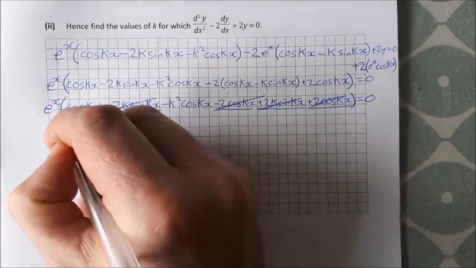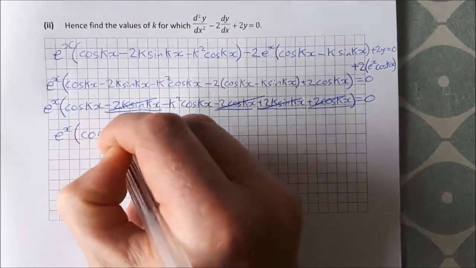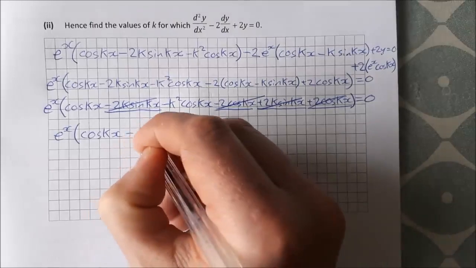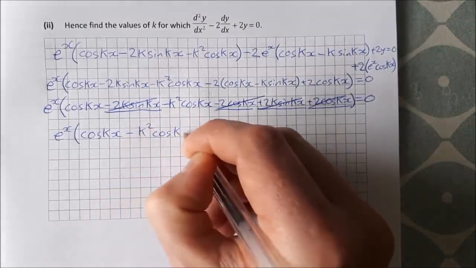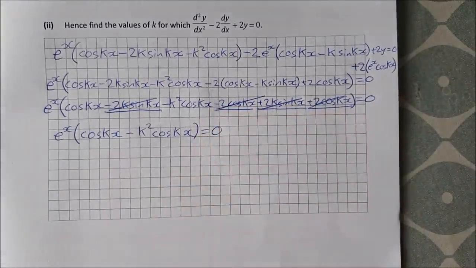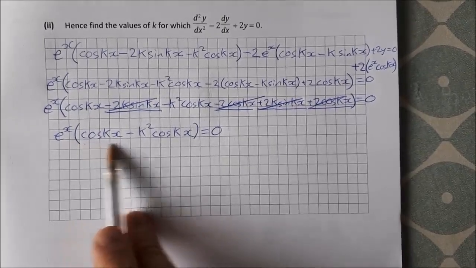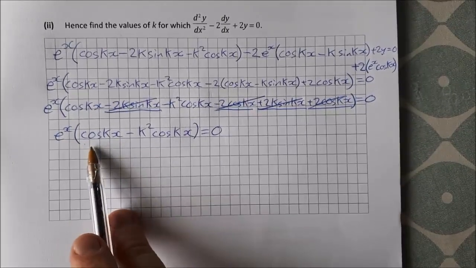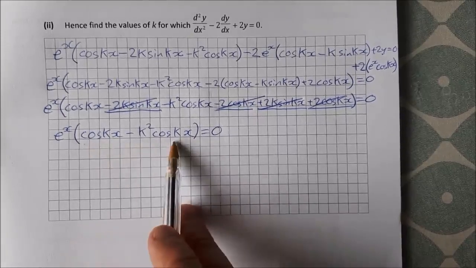I have e to the power of x times cos kx minus k squared cos kx equal to 0. So let's have a look in here, and we can see that there's a common factor. So cos kx is common to both of them.